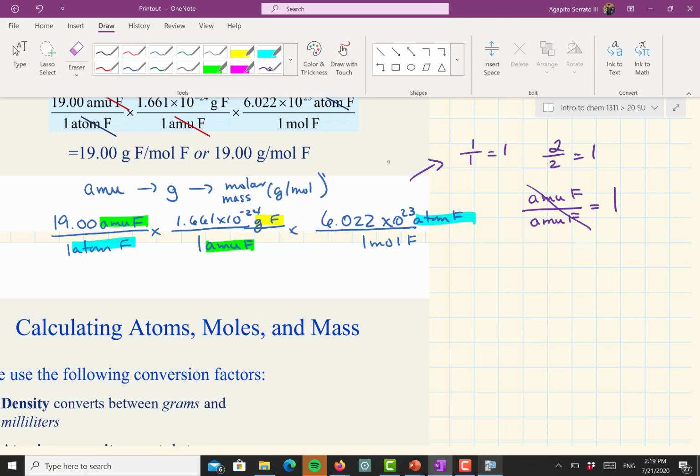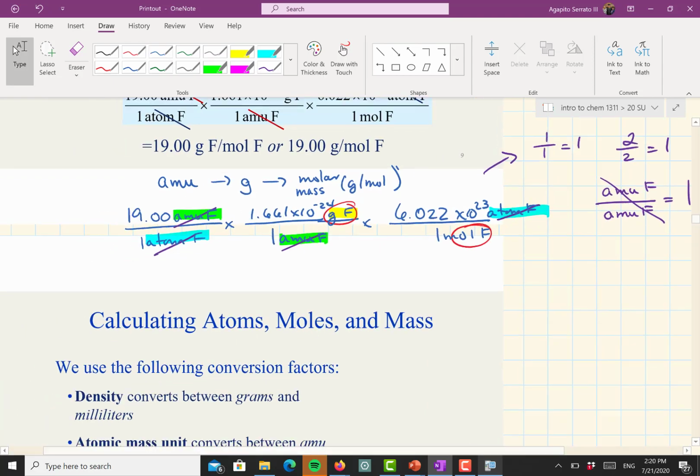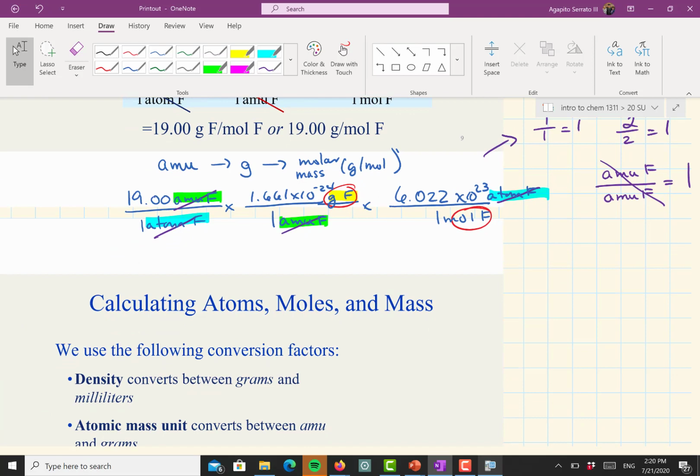So AMUs of fluorine go away, atoms of fluorine go away also. So the only units that we are left with are going to be grams of fluorine and moles of fluorine as the denominator. Well, there's still one more step, and I like to take this step by step. It means that it's a little bit more drawn out.